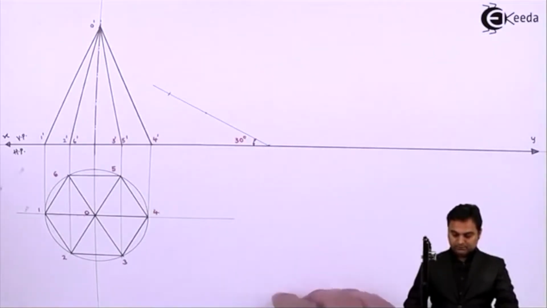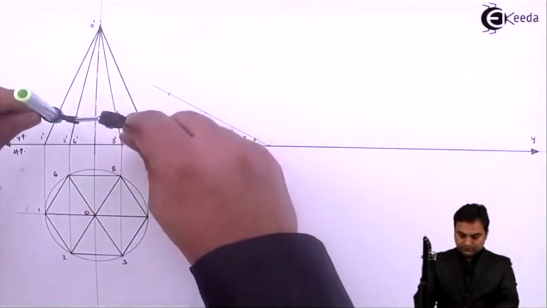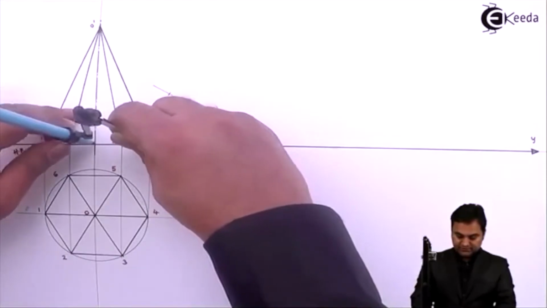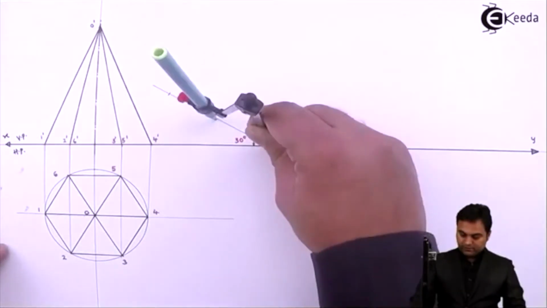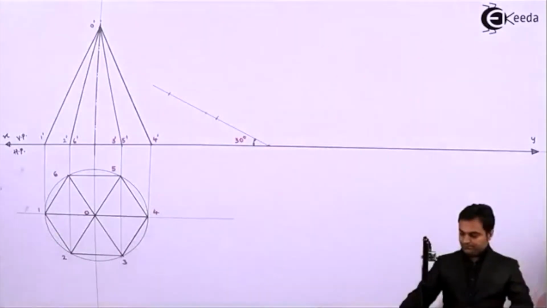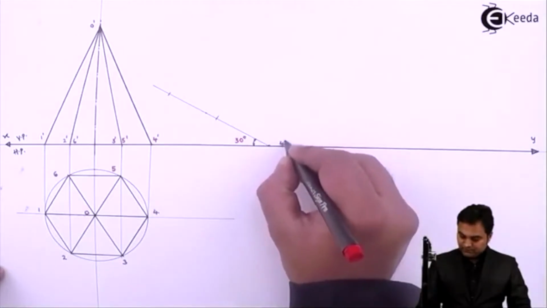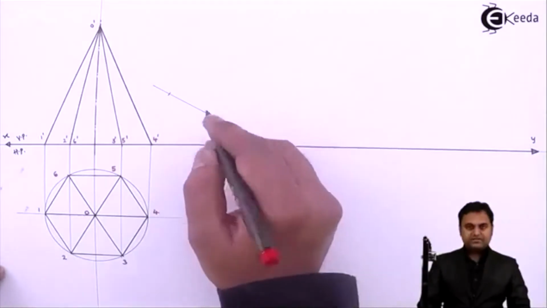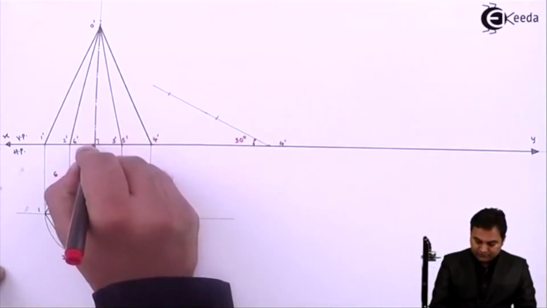Then from this point 4 dash up to the axis, I'll measure the distance, marking it over this inclined line. Here this point is 4 dash and here is the axis. So base and axis, they are perpendicular to each other.